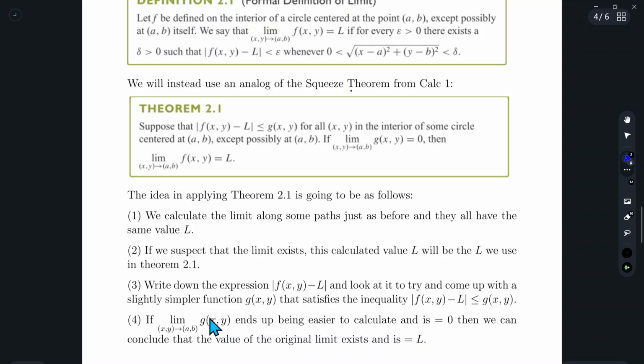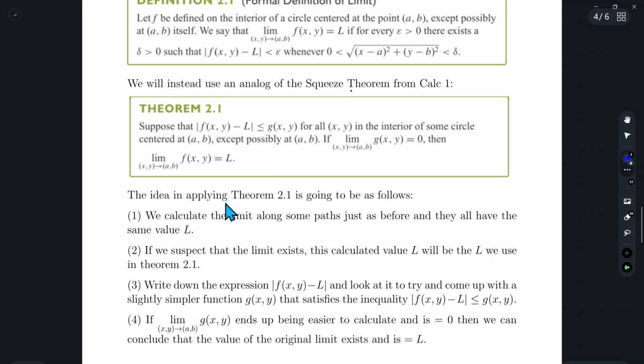And if we've done steps 1 through 4 properly, then finally we can conclude that the value of the original limit is equal to L. So that's the basic outline for using theorem 2.1.